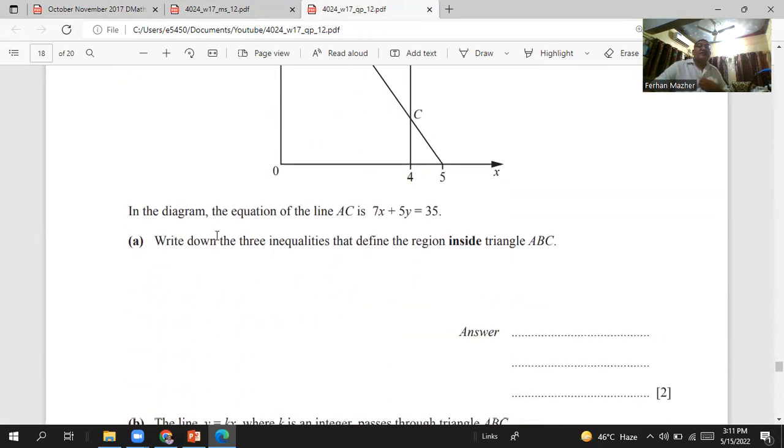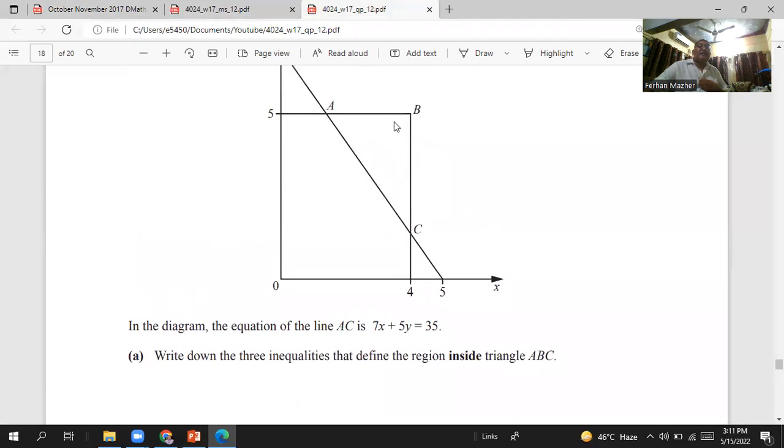So this is y equals 5, this is x equals 4, and this is 7x plus 5y equals 35. Because this triangle area is on the left side of this vertical line, x will be less than 4. And this horizontal line y equals 5, the triangle is below this line, so y is less than 5. The crocodile's back will be towards y.